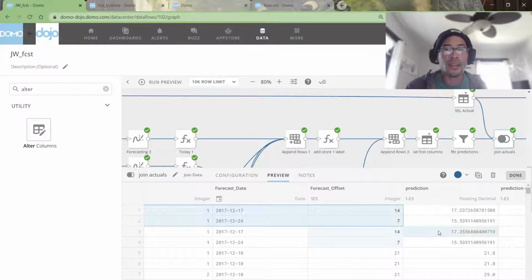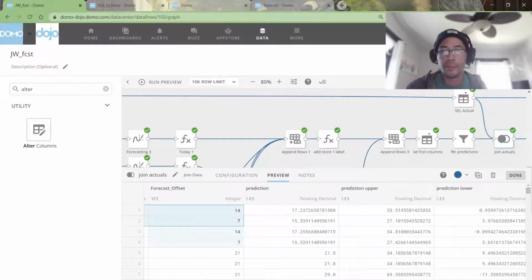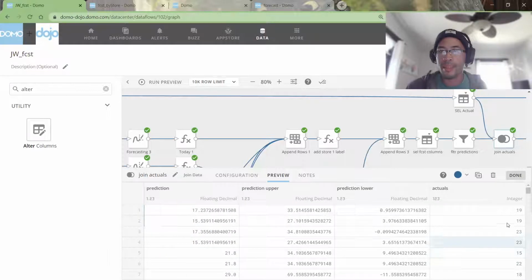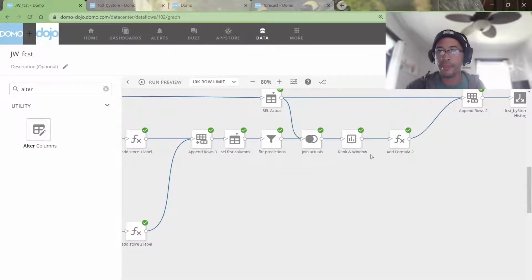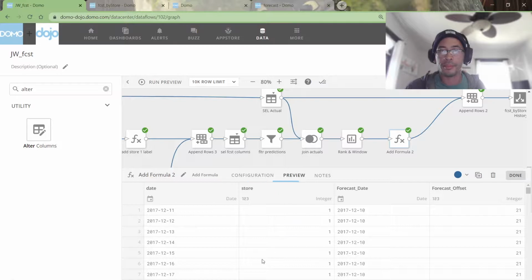One week later, I tightened up my prediction to 15. How did I actually do? 19. Ooh, I went in the wrong direction. My error, do I calculate error? Hopefully the next column.